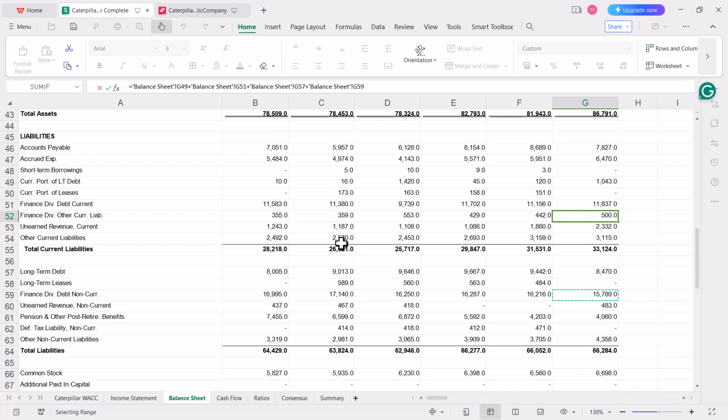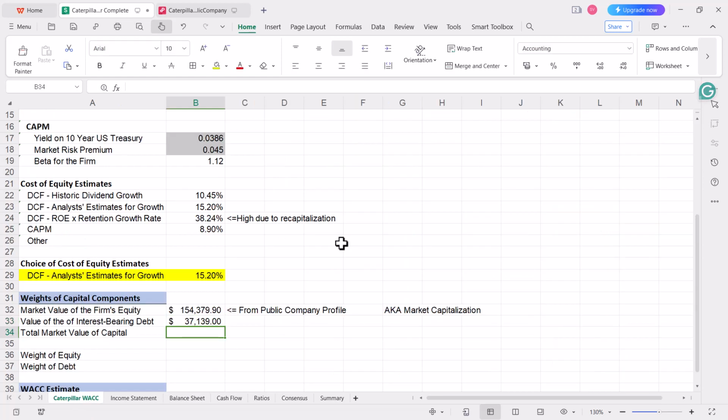So we have the interest-bearing debt for the firm, and that is $37,139,000,000 worth. And so now we're going to add up the market value of the firm's equity plus the value of the interest-bearing debt to get the total market value of the capital. And capital in this case are the investor-supplied funds.